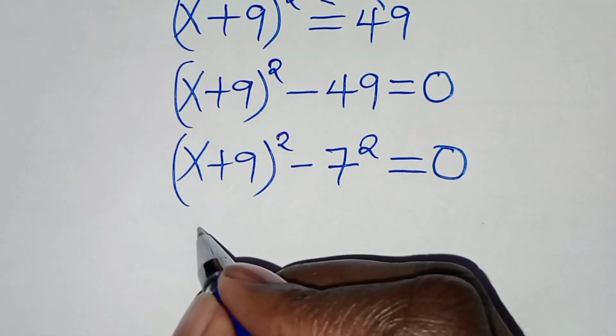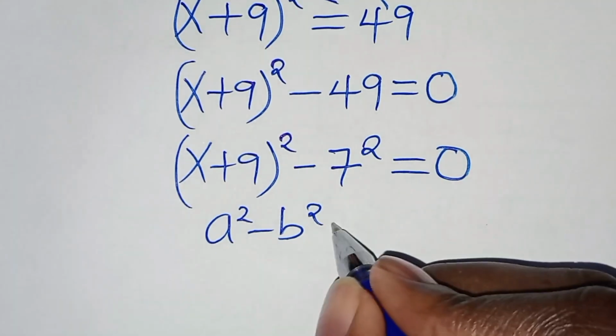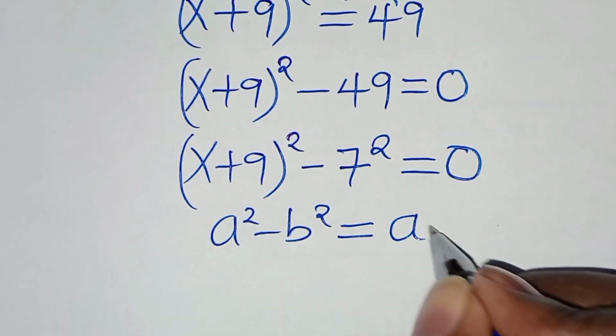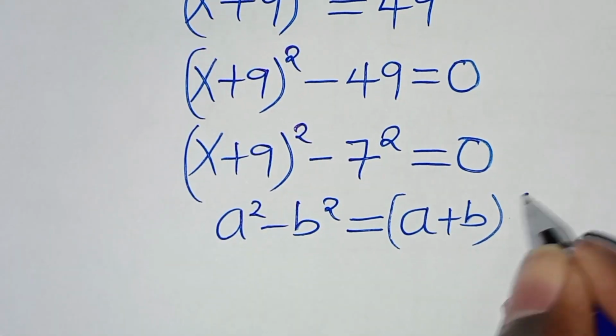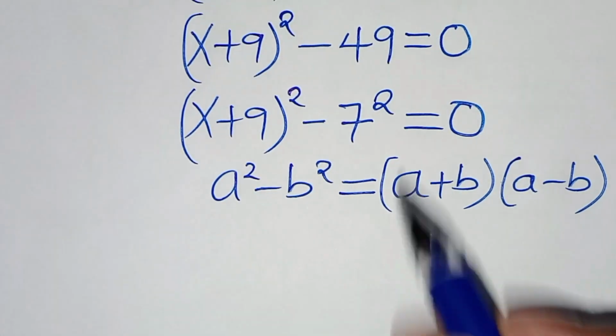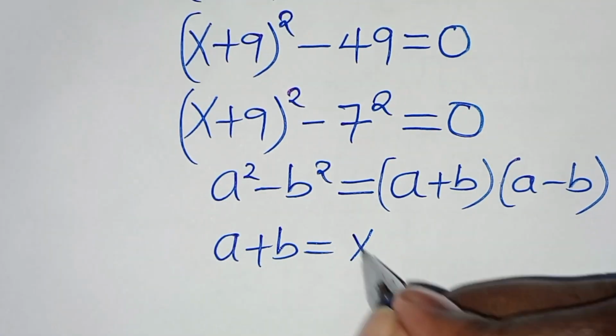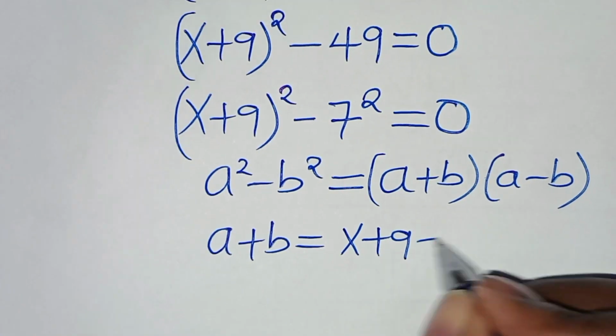This equation is in the form a^2 - b^2, which is the difference of two perfect squares, which we can express as (a + b)(a - b). In this case, a + b is the same thing as x + 9 + 7.